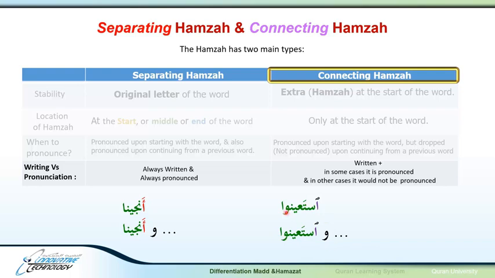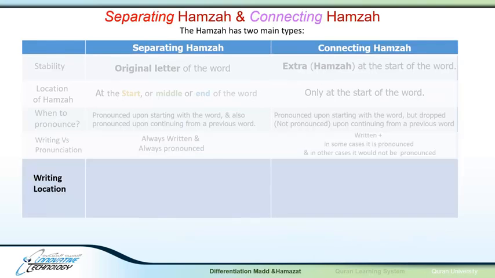This is always written in terms of script, of manuscript, but it is not always written in modern Arabic. So this one is always written and pronounced, while this one in the first case is written and pronounced, and in this case it's written and not pronounced, but sometimes not written in modern scripting, though always written in Ottoman script.